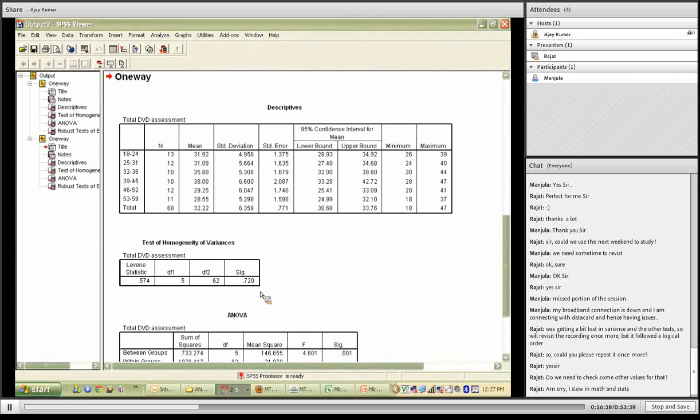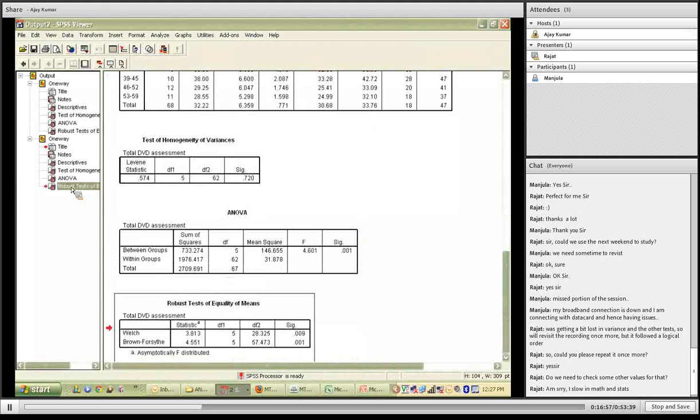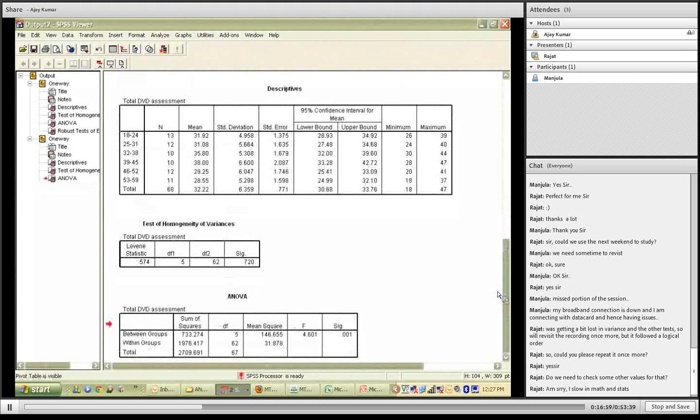So we would say that these different groups have equal variances, and as they have equal variances, we will go with ANOVA and we will not go with these other things. All right. So even if I delete the robust tests, that doesn't make a difference to me, because Levene says that the variance assumption is actually met and the variances are equal.